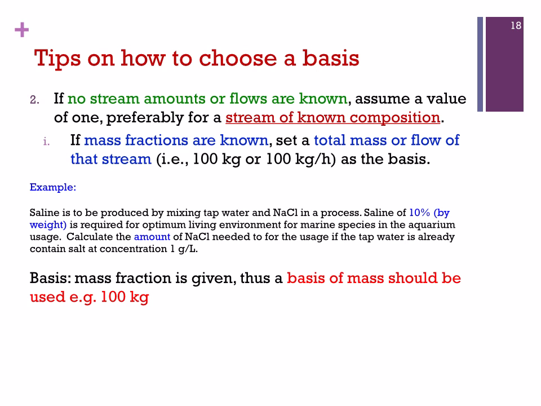So take a look at the example whereby in this case we produce saline by mixing tap water and sodium chloride. A saline of 10% by weight, which is the product, is required for optimum living environment for marine species in the aquarium. So you need to calculate the amount of NaCl to be used to produce the saline of 10%.